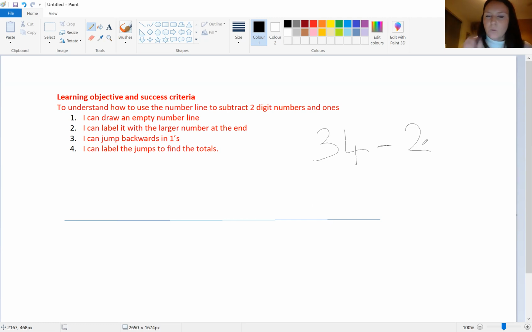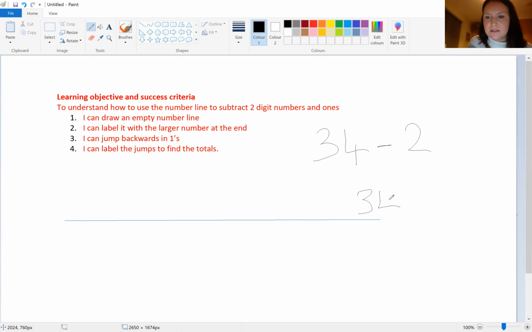When we were using this method for addition, we started with our smaller number at this end. However, when we're subtracting, because we're going backwards and we need to be able to do backwards jumps, we're going to start with the larger number up this end. So the number that we start with, the number in our calculation, that's the one we're going to put up this end.